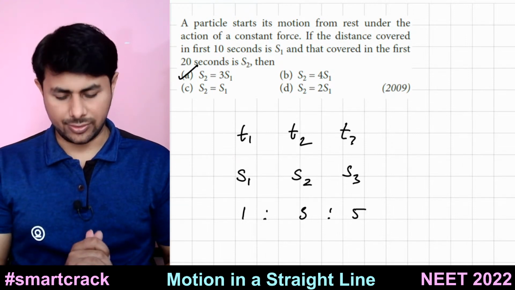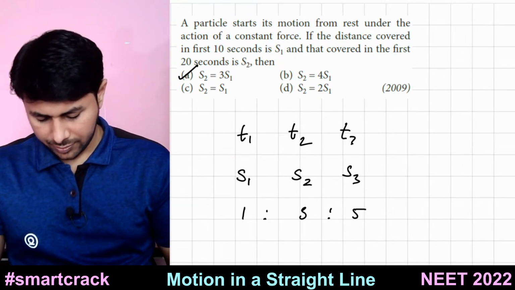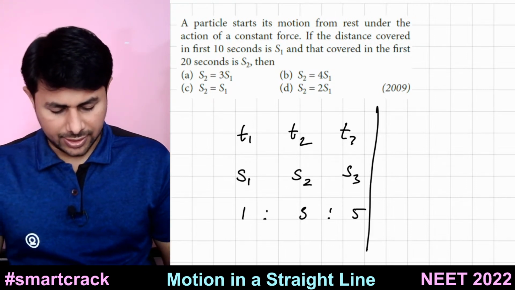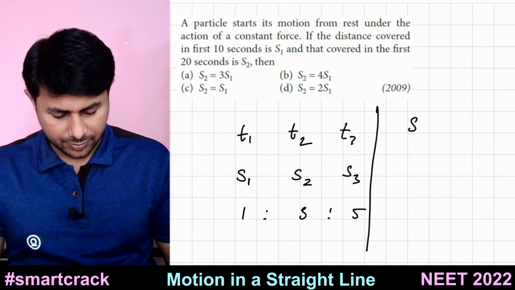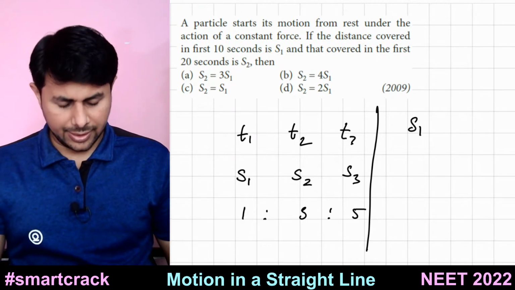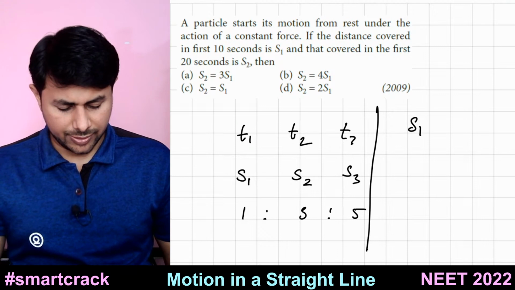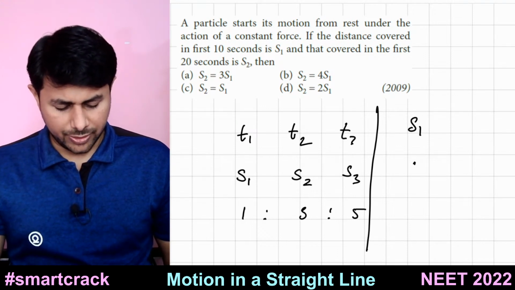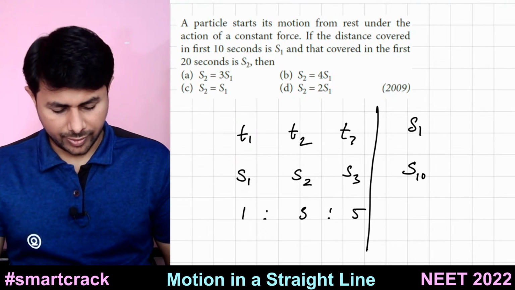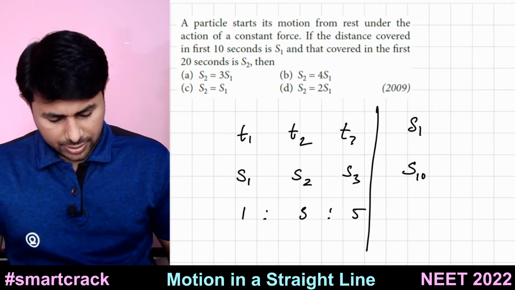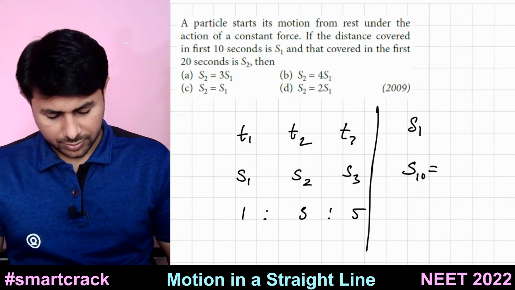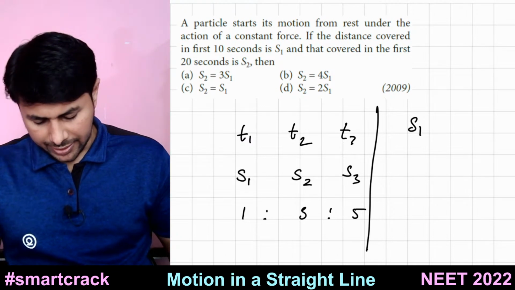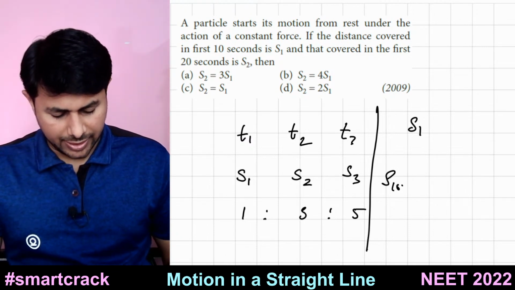That is the question. Actually, I'm sorry, in the first 10 seconds the distance covered is suppose s1. And in the next 10 seconds the distance covered is, let's suppose, s10 to 20.